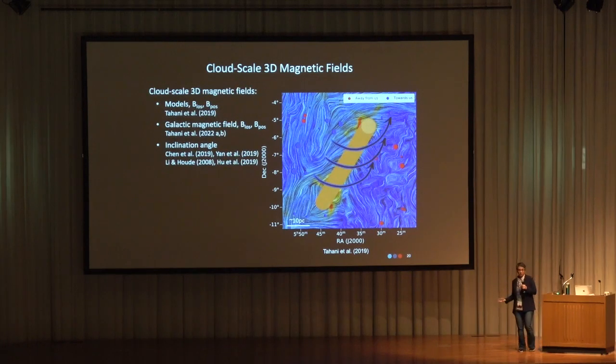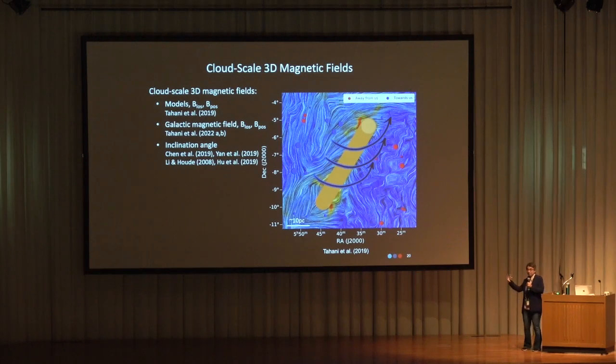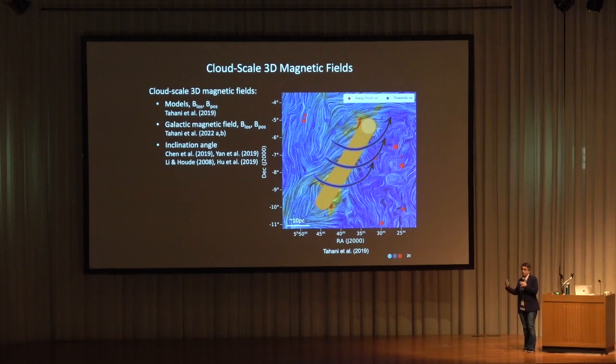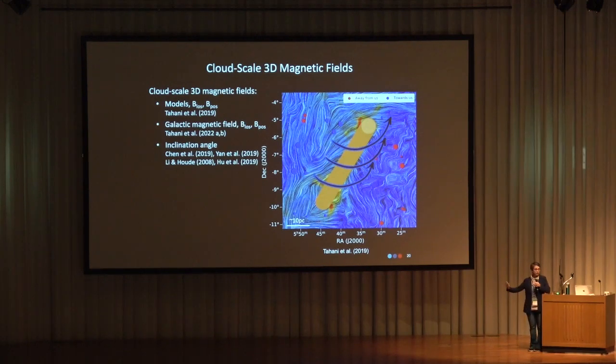Using these line of sight and plane of sky observations, the morphology proposed for Orion A is an arc-shaped morphology where the magnetic fields bend around the filamentary structure. This is just a bend, not a complete toroidal field. Further studies were able to reconstruct the complete 3D magnetic field of this ordered large-scale component and identify the orientation and direction of this arc.